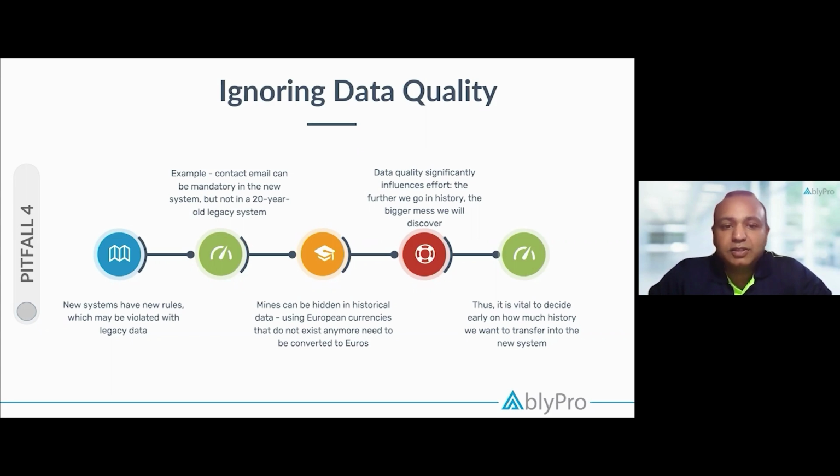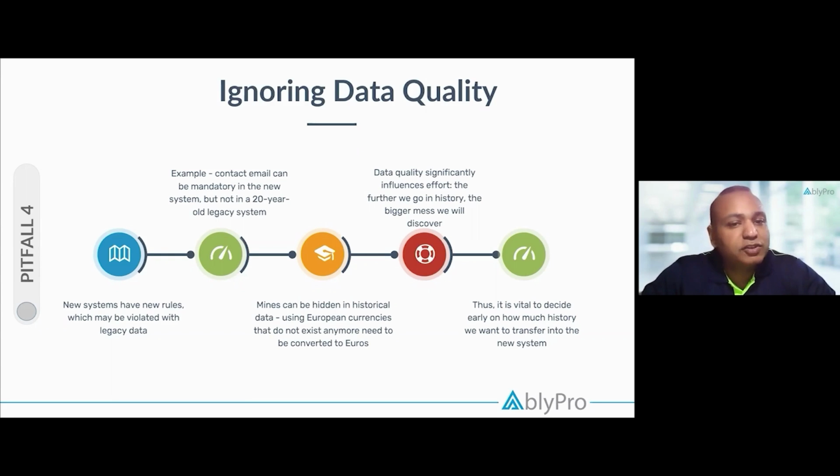So data cleansing is not just missing records, it's all about whether the records in the system are actually consistent, and they don't hamper your scripts when you migrate them from source system to target system. So data quality significantly influences effort. Because in this case, like we said, contact email was not mandatory and we didn't analyze and we just ran the script.